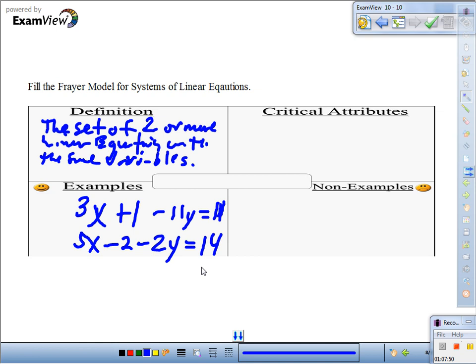Yeah, 2 variables each in their linear equations. All right. Can you give me a simpler system?